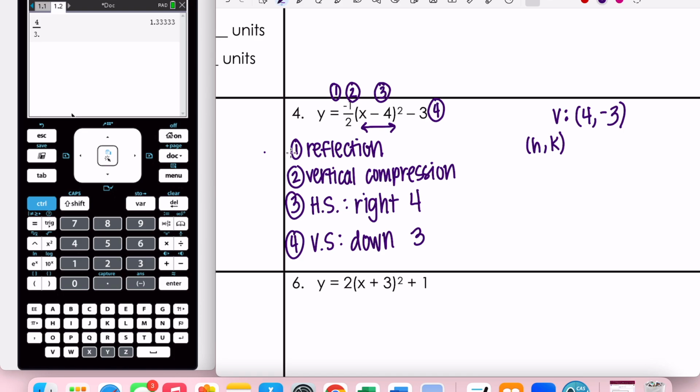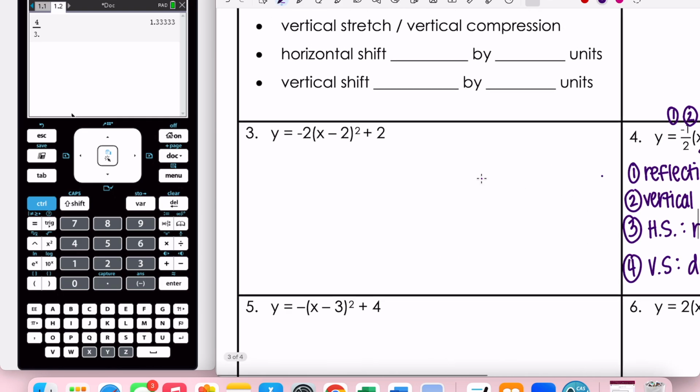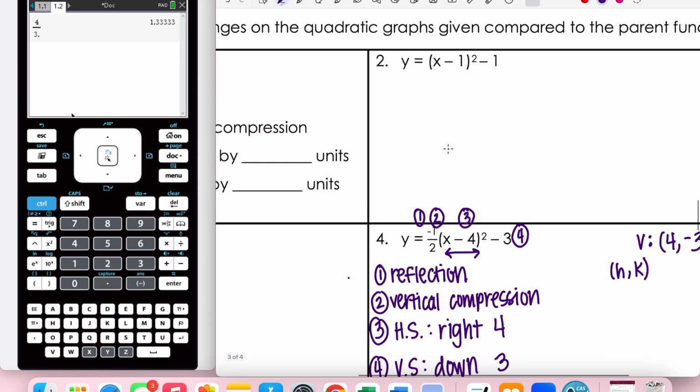Guys, if the value of a is positive, you do not have to include number 1. You don't have to write no reflection. You don't have to write anything for number 1. For number 2, if there is nothing in front, so for instance on number 2, here we have a value of a of 1. Here for number 2, it's not a vertical compression or a stretch.